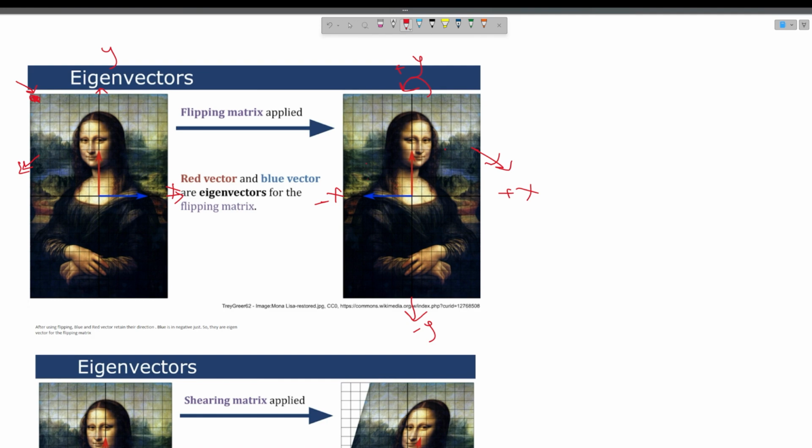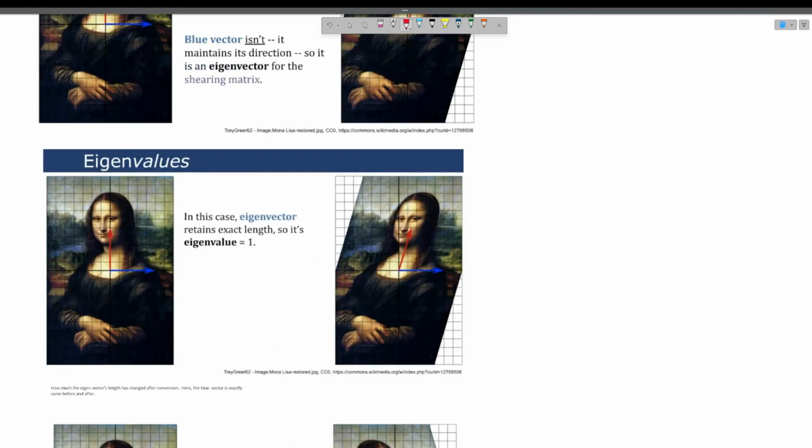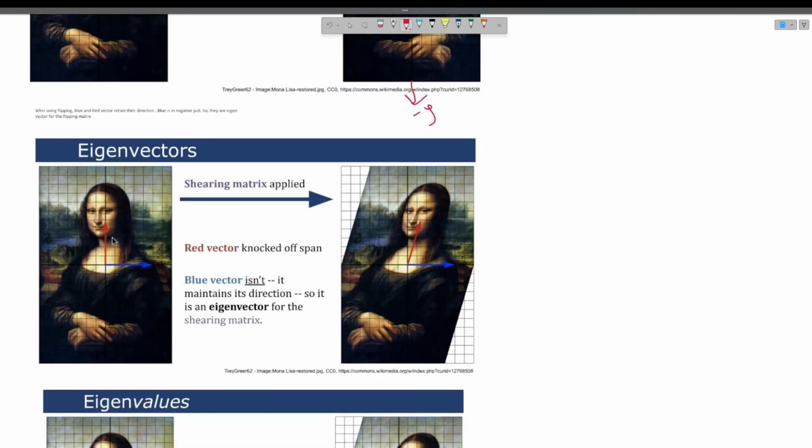It will be clear if we look into other examples like this. Here you see the earlier image we had. This is Mona Lisa looking towards this person, but we have applied some sort of matrix and it has moved from this to just like that.